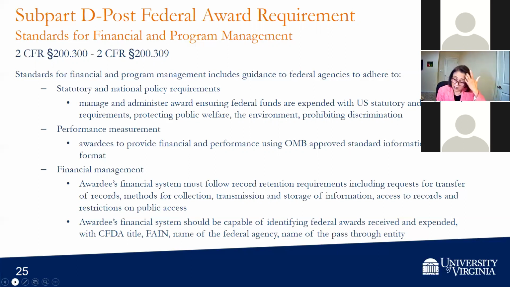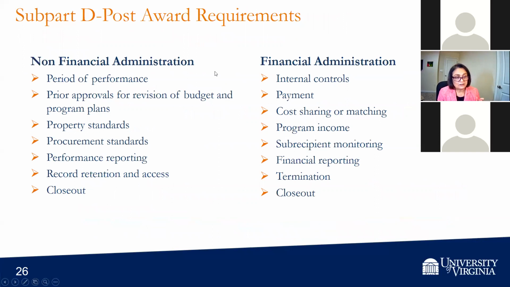So again, I am trying to separate out the post-award requirements into two categories, non-financial and financial. And this is my theory. You may not agree with me, but this is how I look at it. So in the non-financial post-award administration, you have to be very careful of setting up the period of performance, prior approval requirements for budget and program plans.